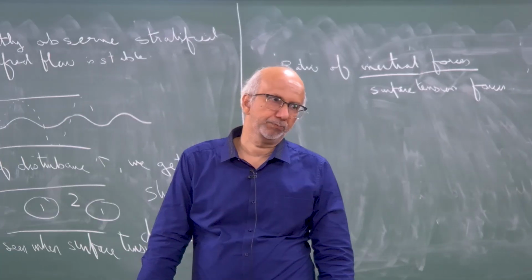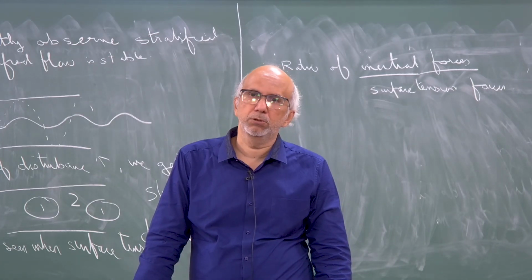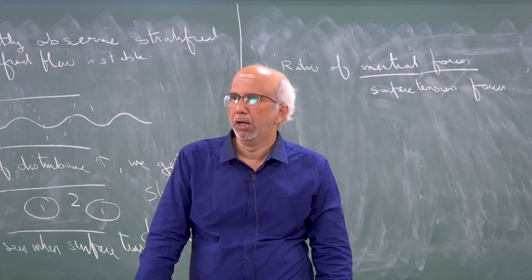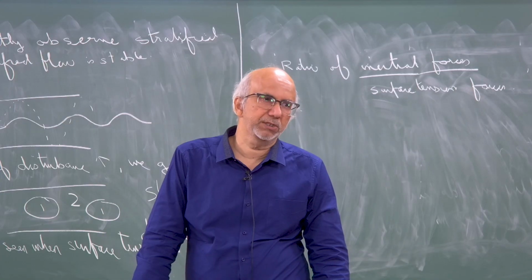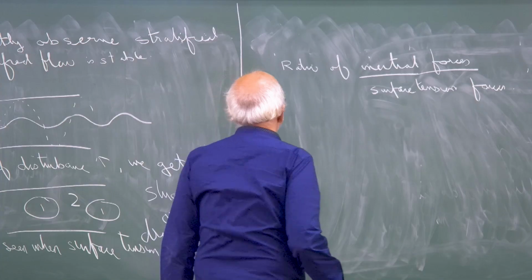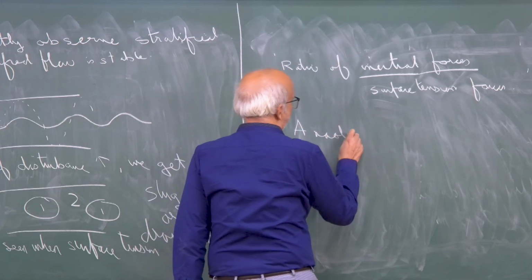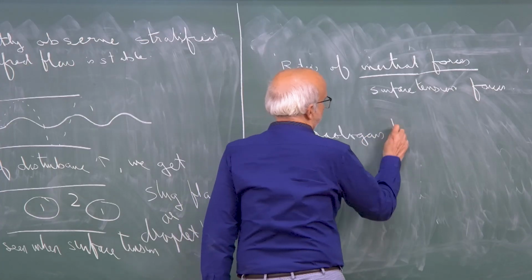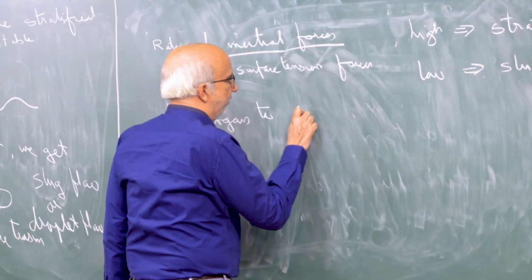So this is very analogous to what we have already seen before in the context of single phase flow, where you were talking in terms of Reynolds number, okay. So what is this analogous to? This is analogous to single phase flows.